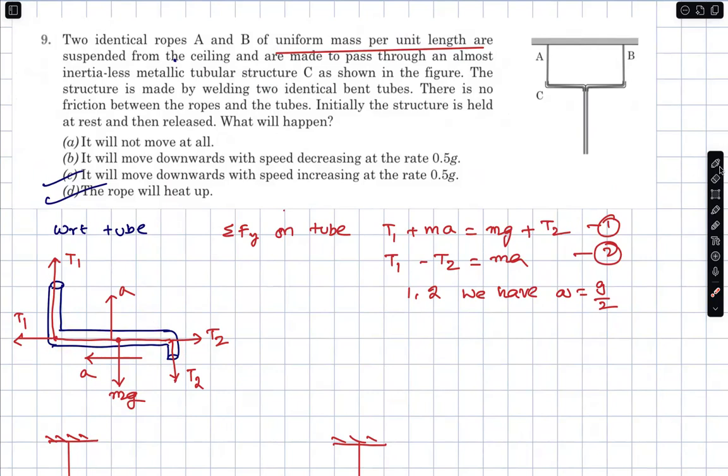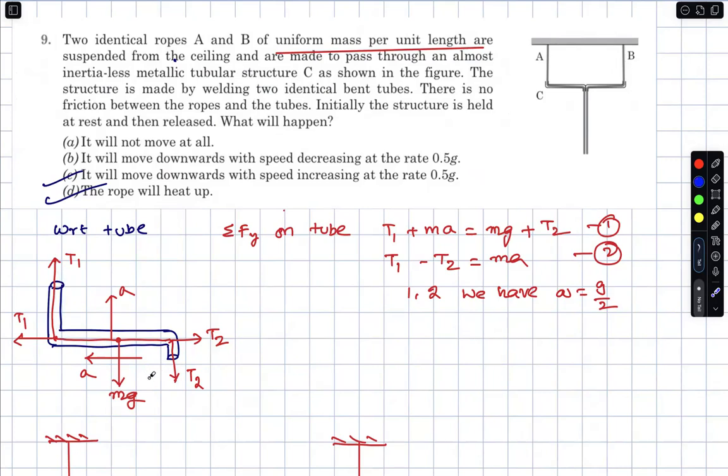Now my second question. Did you see the rope in this? Previously the red color highlighted was the tube.